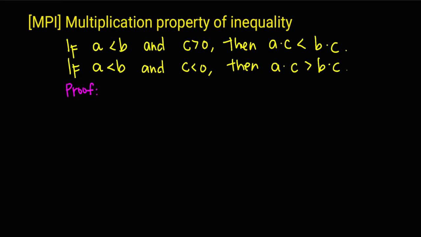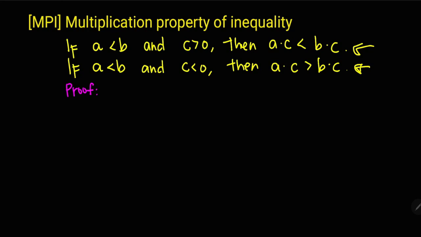So, A times C is less than B times C. On the other hand, if C is negative and you multiply C both on A and B, then the inequality will be reversed. So, it will become A times C is greater than B times C. And that's the inequality here.